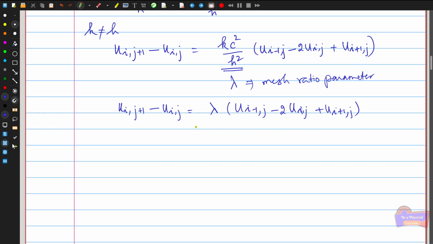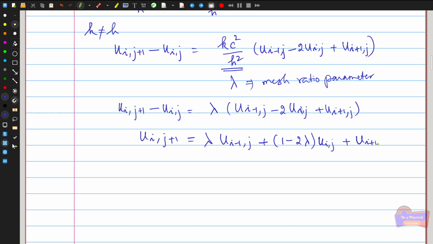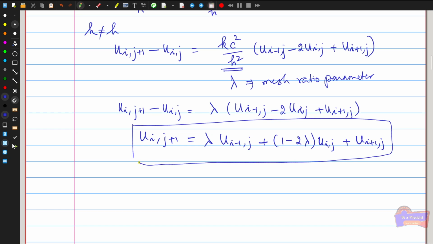Now combining all the coefficients of u of i comma j, the final equation is u of i comma j plus 1 equals lambda u of i minus 1 comma j plus 1 minus 2 lambda times u of i comma j plus lambda u of i plus 1 comma j. This is the final equation, known as the Schmidt equation or explicit method, used to solve the heat conduction equation.